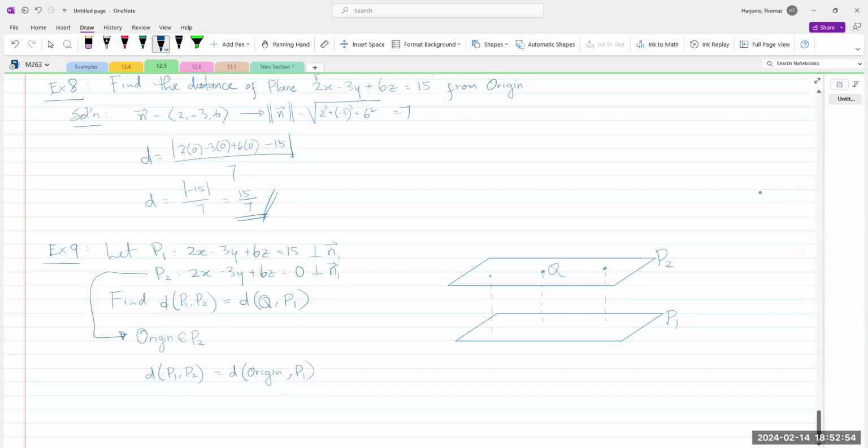But we have done that before, right? So you basically plug the origin into the equation of plane 1: 2 times 0 minus 3 times 0 plus 6 times 0 minus 15 over the magnitude of the normal vector of plane 1, square root of 2 squared plus negative 3 squared plus 6 squared. That is 15 over 7, basically what we did in example 8.